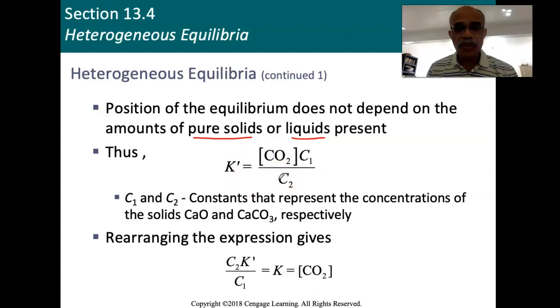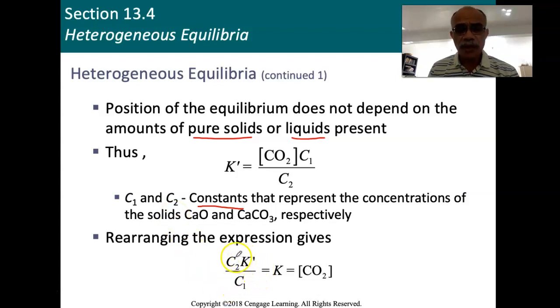So in other words, they are not important for the equilibrium constant variation under equilibrium conditions. So they are given the C1 and C2 value, which basically means constants. They do not change in terms of the value at equilibrium.